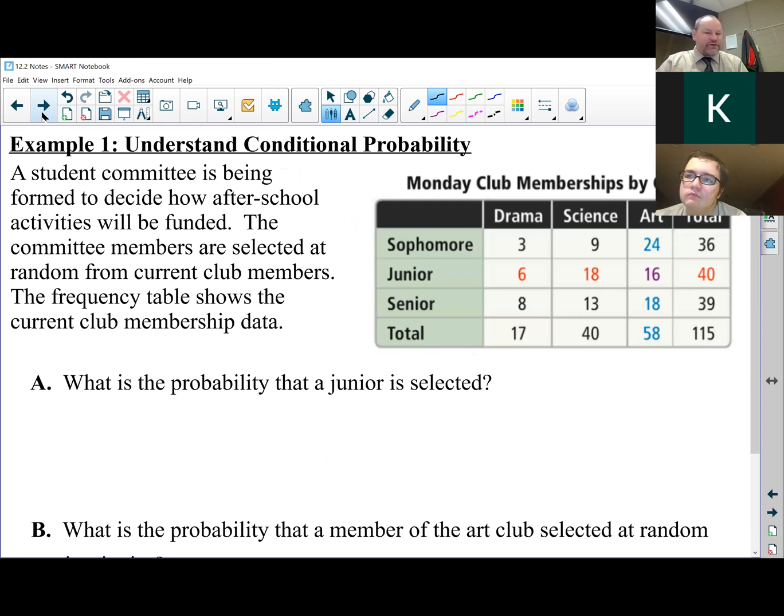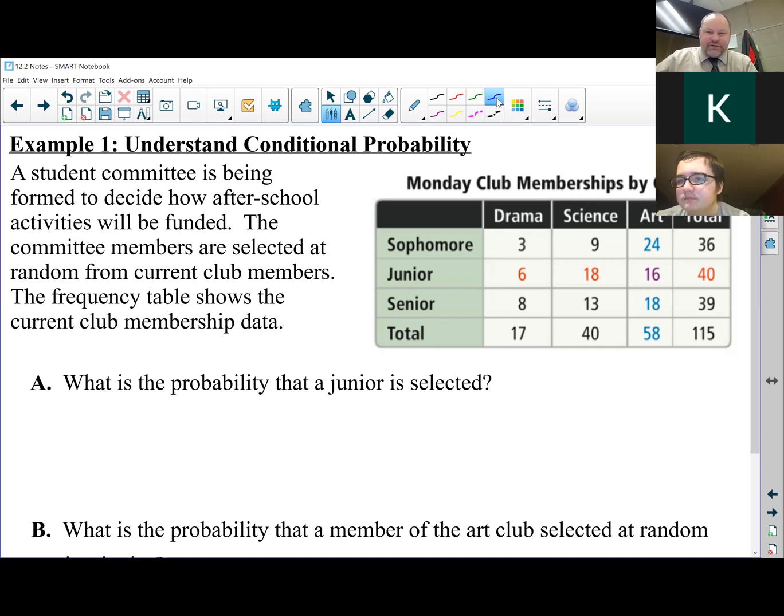The frequency table shows current club membership data. So the drama club has 3 sophomores. The science club has 9 sophomores. The art club has 24 sophomores, for a total of 36 sophomores in the club membership, and so on.